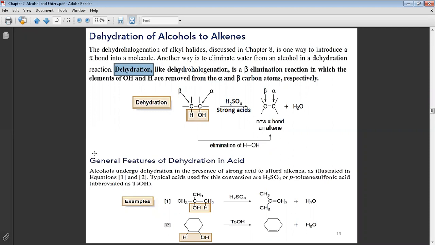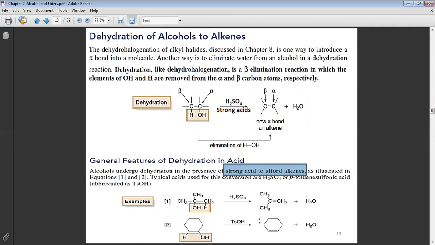Look here, general features of the dehydration of alcohol. Alcohols undergo dehydration in the presence of strong acid to produce the alkene, as illustrated in equation number 1.